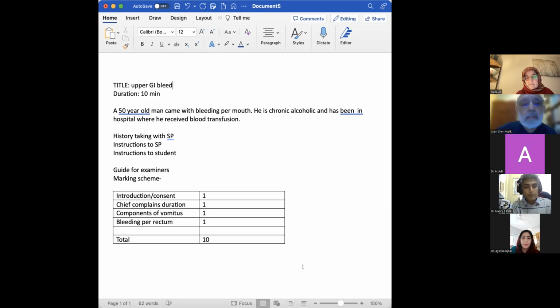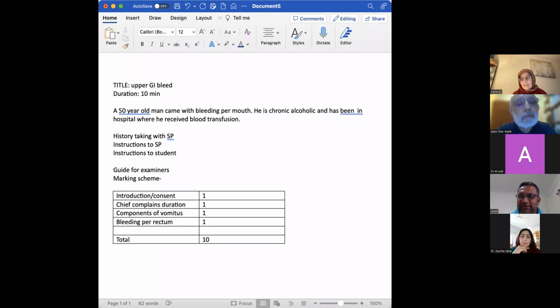Now, before I ask anything, anybody has any comment on that? I think the time allocated is a bit limited. I think the time was a bit short in trying to get both the marking sheet and the scenario.